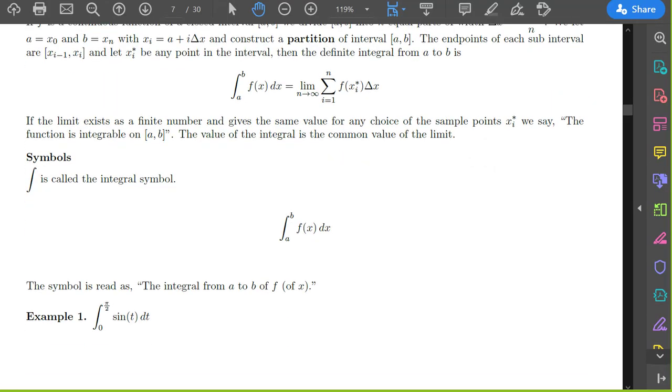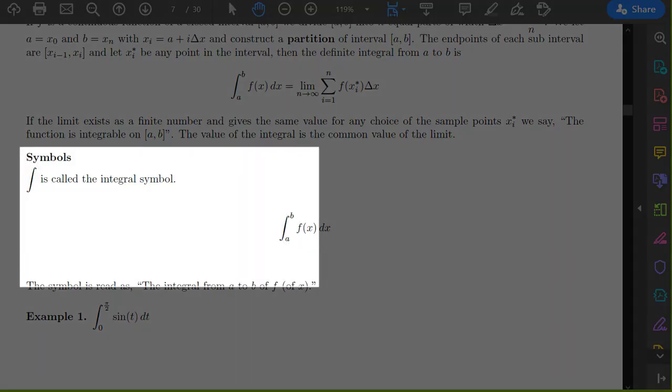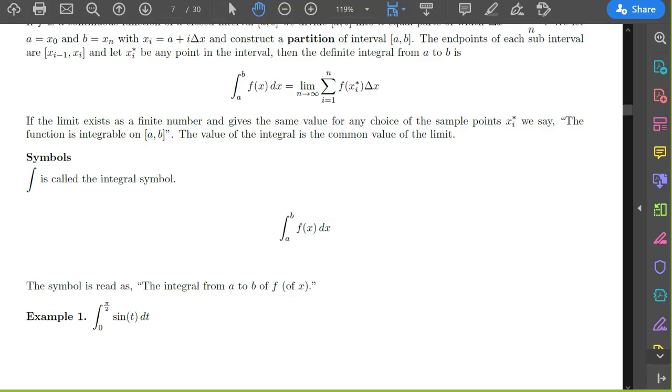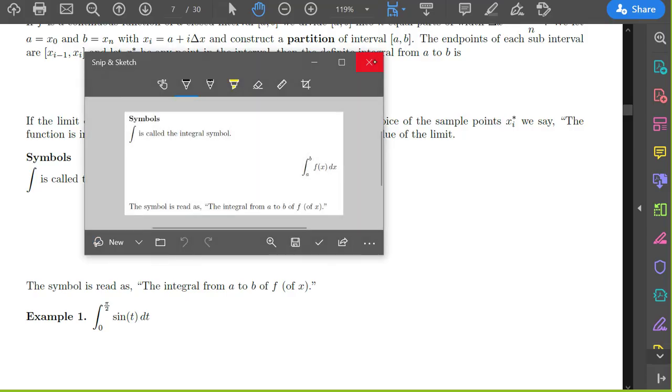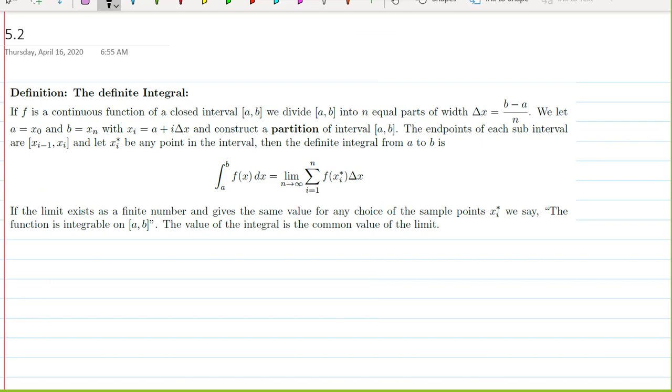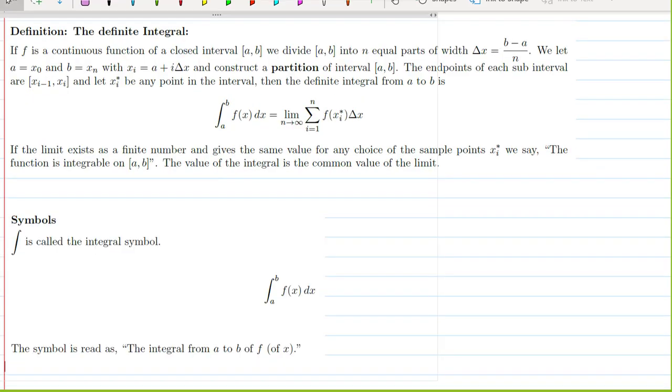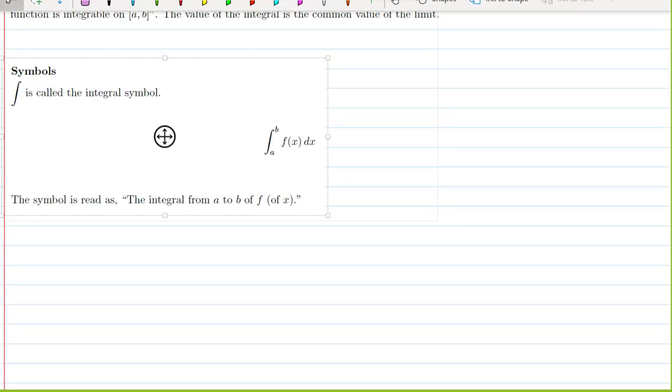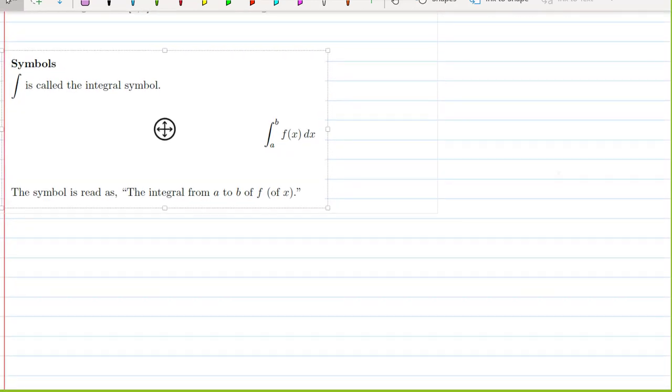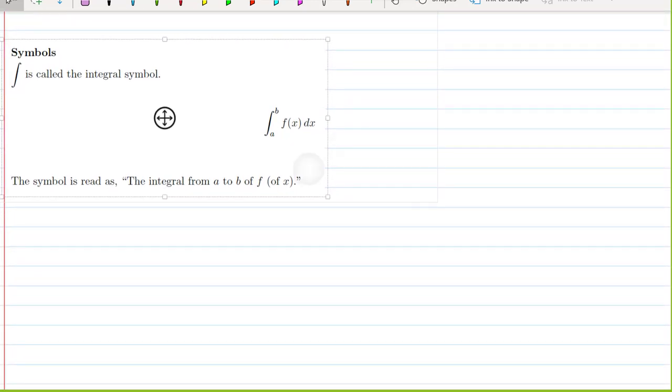All right. So let's talk a little bit about this new symbol. It looks kind of like an elongated script S, and this is called the integral symbol.